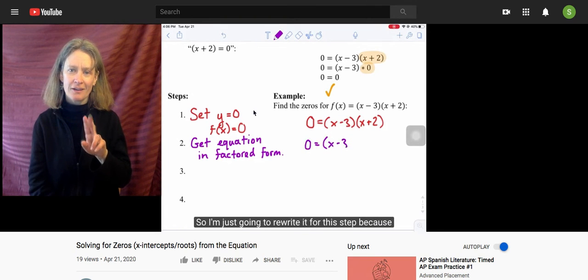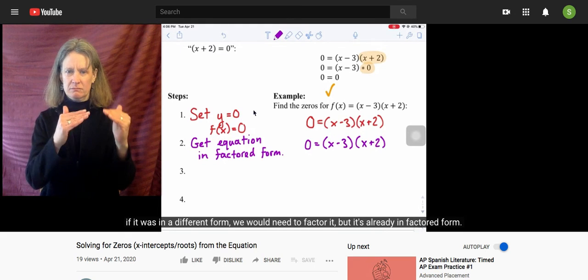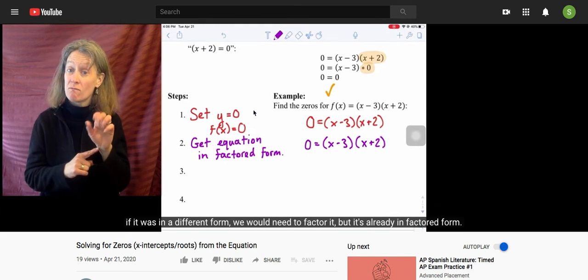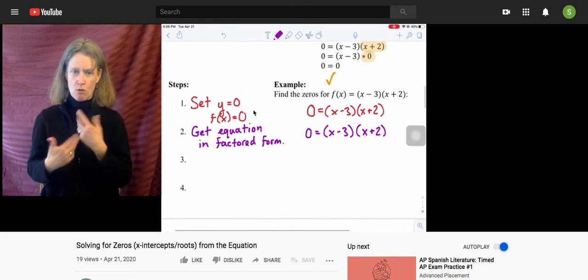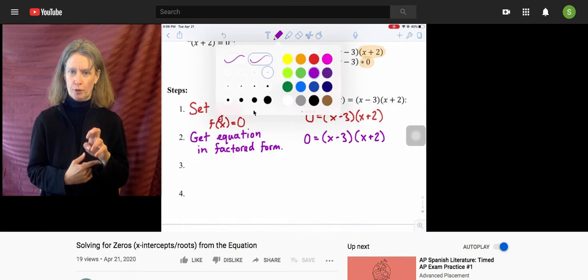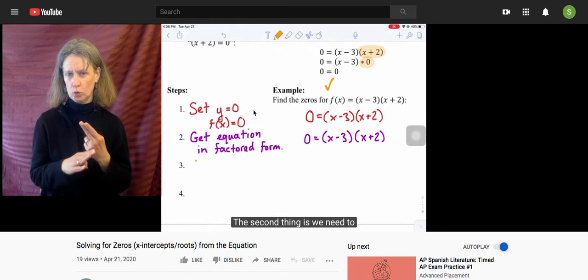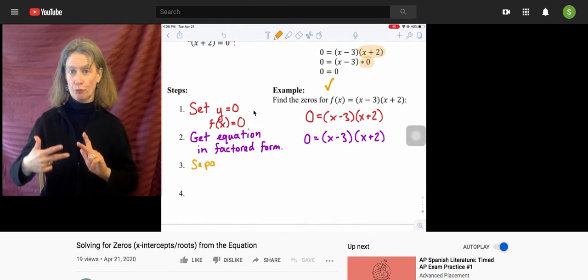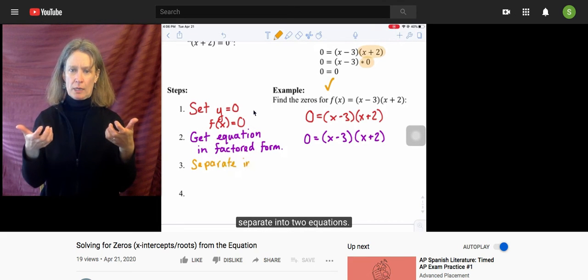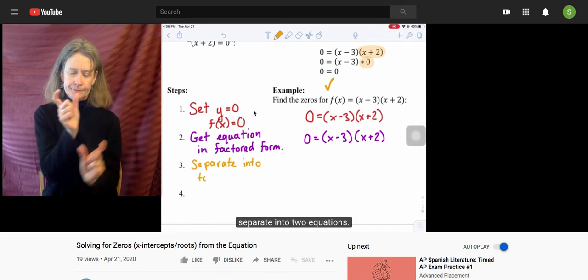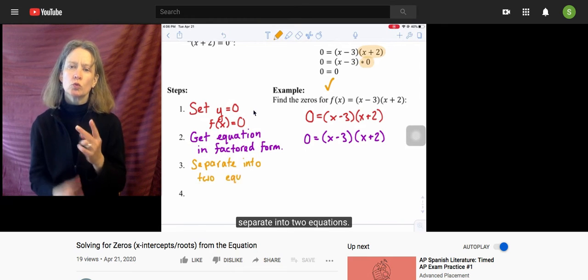So I'm just going to rewrite it for this step because if it was in a different form, we would need to factor it, but it's already in factored form. The third step is we need to separate into two equations.